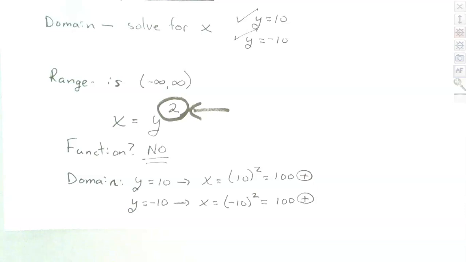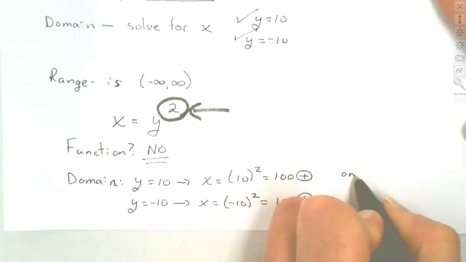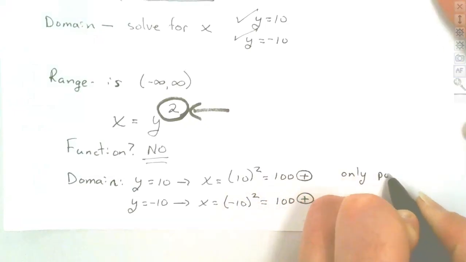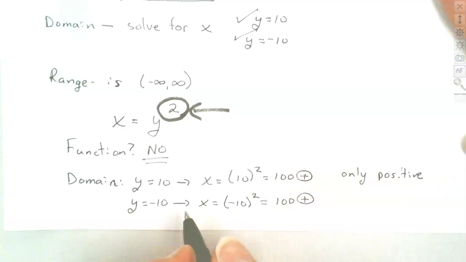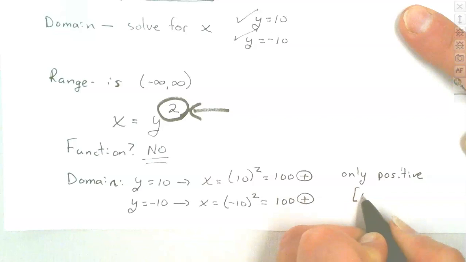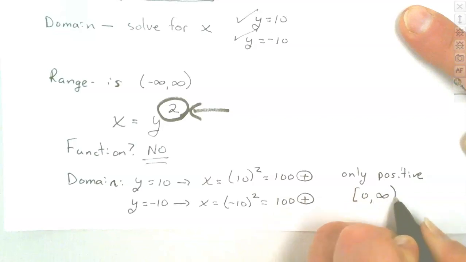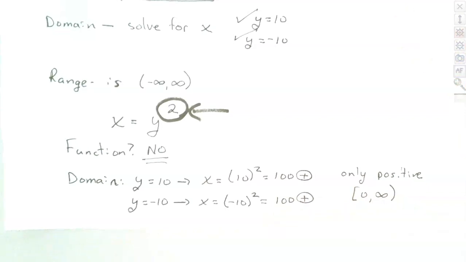So we only got out positive values, no negative values at all. If they're only positive, then what would my domain be? Well, my domain would be similar to the range, 0 to infinity.